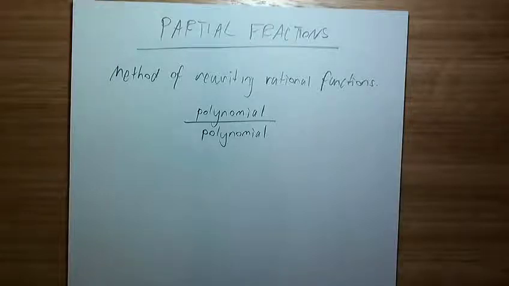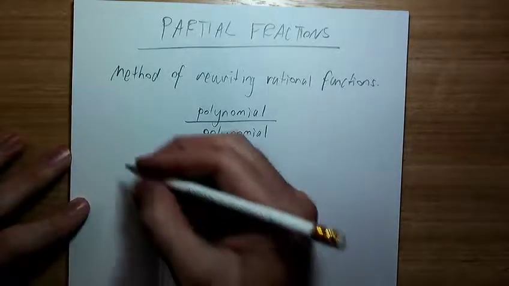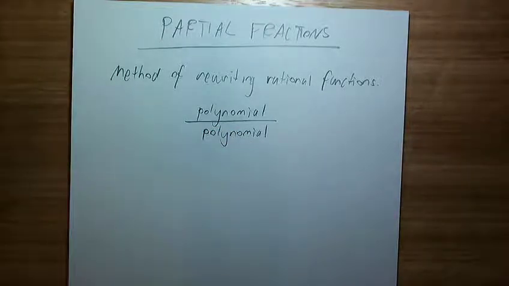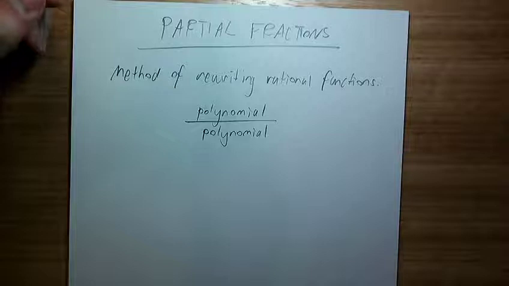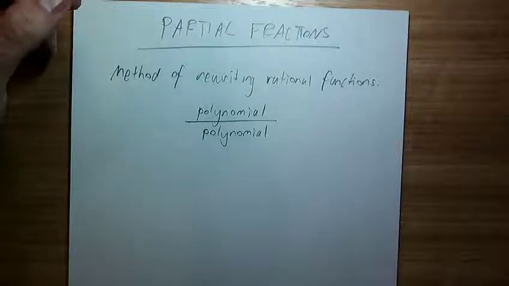So there's this general idea of things to do, and then there are specific cases that you can do a bit more quickly if you notice them. So it goes something like this. First you want to rewrite it in such a way that it's something, possibly nothing, plus something that has a higher degree on the bottom than on the top.